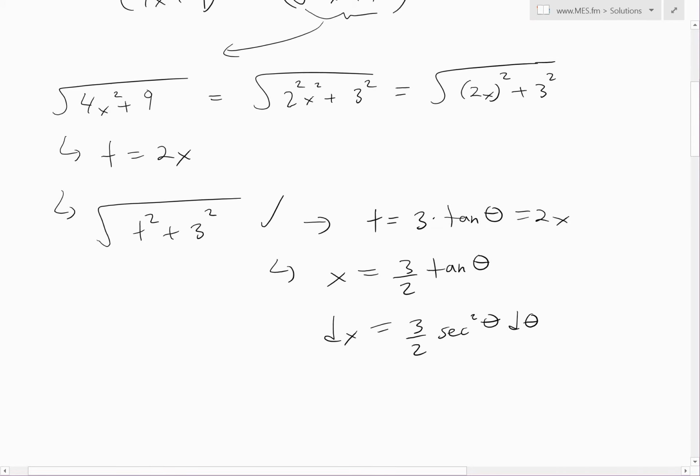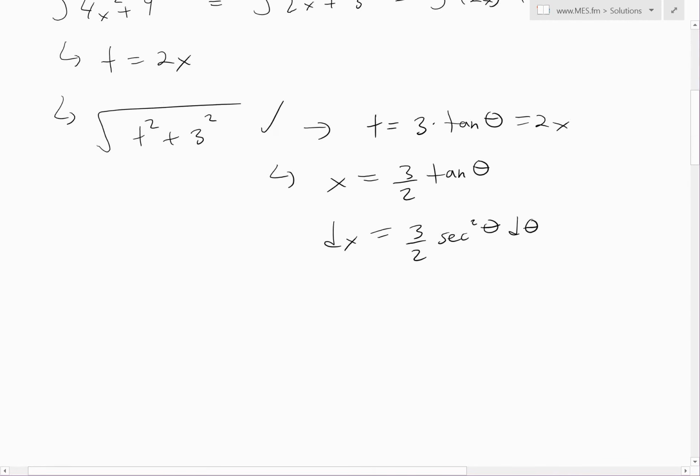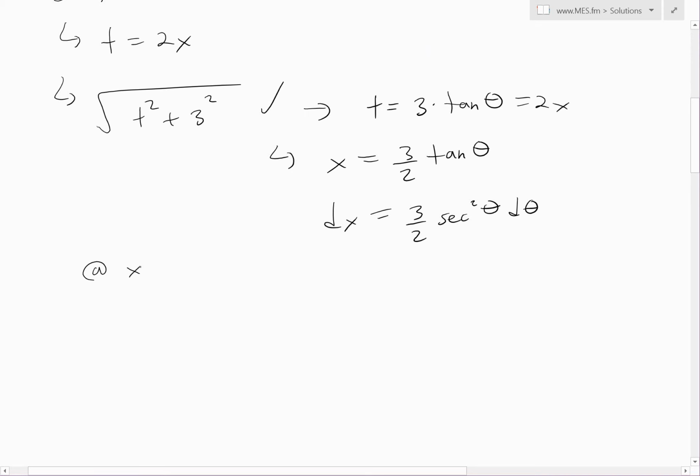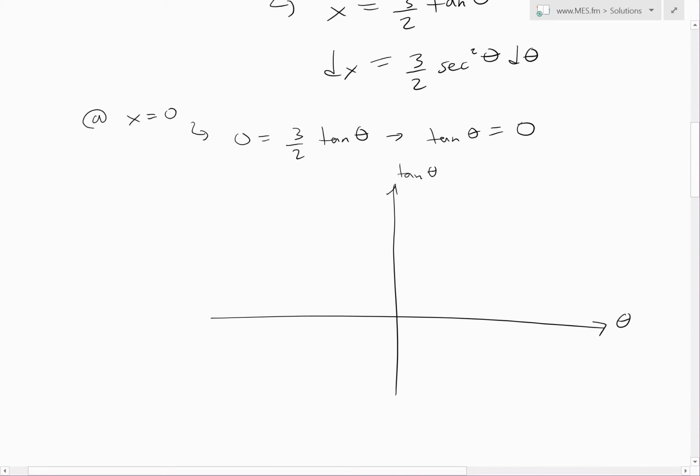And also, since this is a definite integral we're dealing with, we have to find out these limits in terms of theta instead. So at x equals 0, we get basically right here 0 is equal to 3 over 2 tan theta, or tan theta is equal to 0. And if we recall the graph of tan, it looks something like this. I'll write tan theta right here.